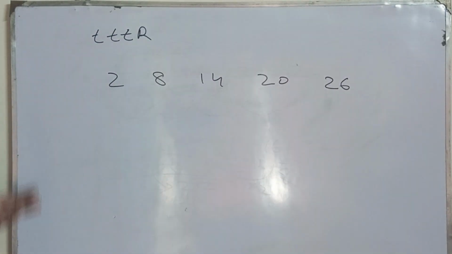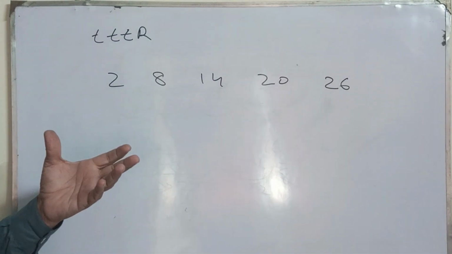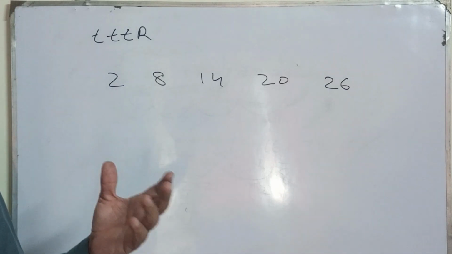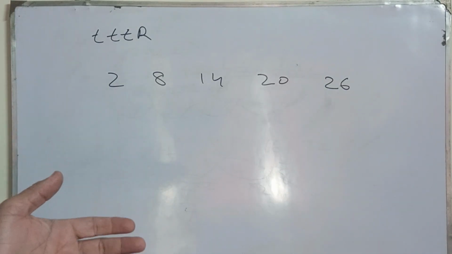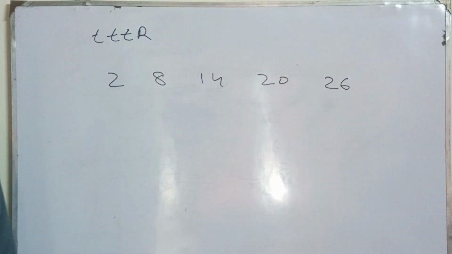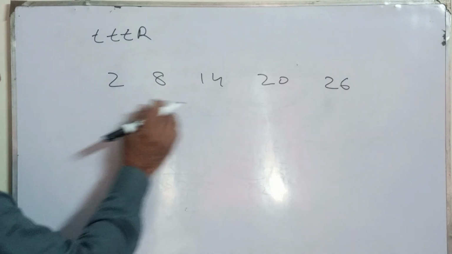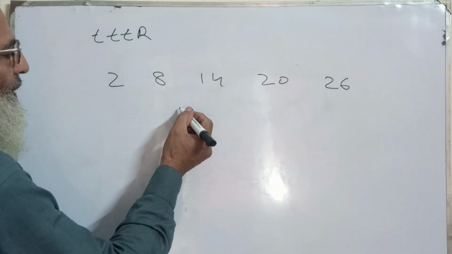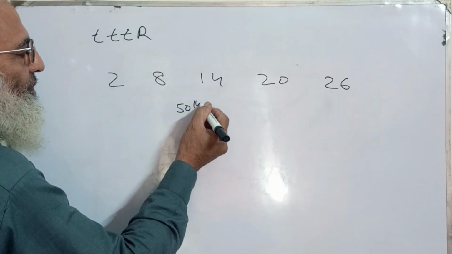What if we want to point out a specific place, if we want to know the term which is at the 100th place? Say 100 is far away. What will be the number at the 50th place?